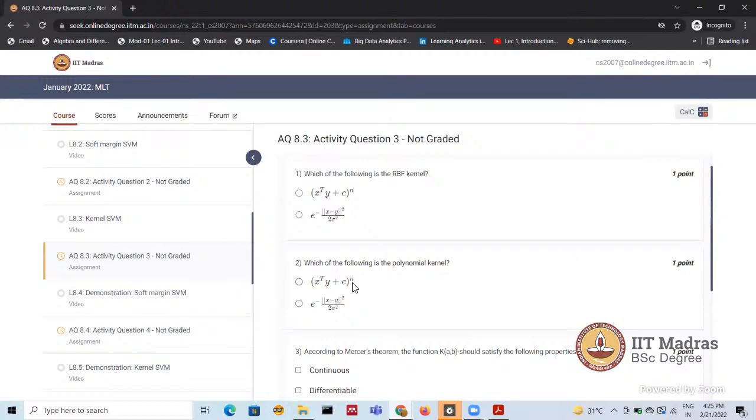And in the second case, I make this C non-zero, say 1, and the power 2. In both cases, it's sort of a quadratic kernel. What will be the difference? I think the origin won't be there. Only the intercept, right? So the first one will pass through the origin, the second will not.